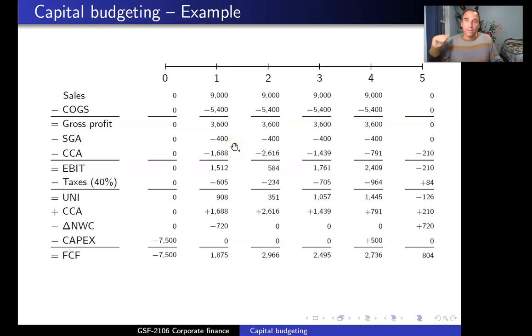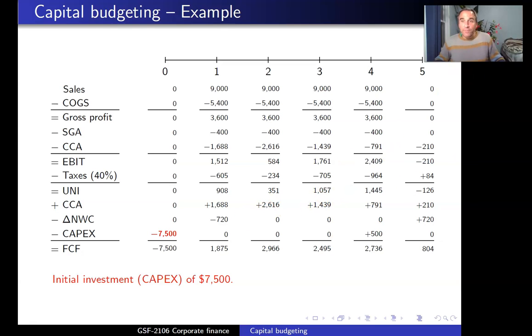We subtract the $400 in selling, general and administrative expenses, minus the CCA depreciation we computed earlier with a capital expenditure of $7,500 with a CCA rate of 45%, and so on.